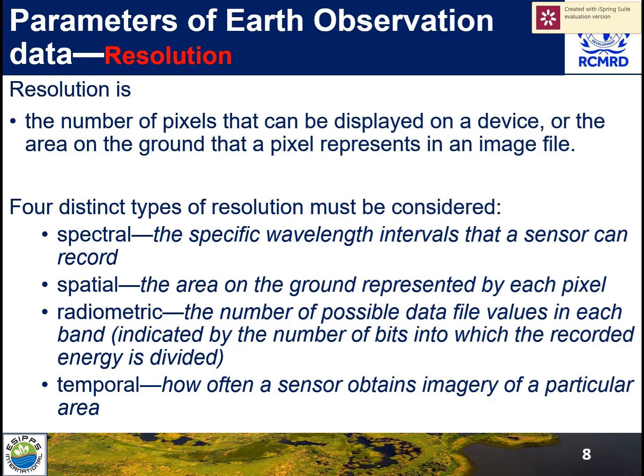However, within Earth observation data, there is more to this aspect of resolution. The first is the spectral aspect, which looks at the specific wavelength intervals that a sensor can record. What does this mean? Within the electromagnetic spectrum or radiation, there are different specific wavelengths. Talk about the infrared, the microwave, the visible range, and so forth.